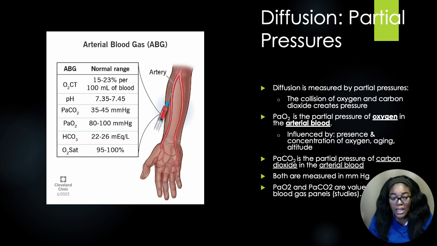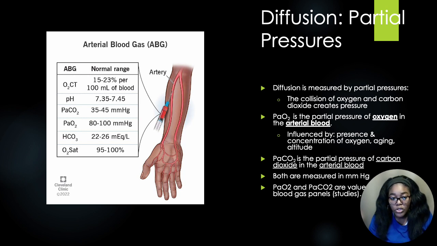You'll see a lot of these when we look at ABGs, but the one that we focus on a lot when we're talking about respiratory acidosis versus respiratory alkalosis is the partial pressure of carbon dioxide. We don't necessarily look at the partial pressure of oxygen as it relates to that, but we definitely look at the partial pressure of carbon dioxide. These are the values that we look at when we're looking for normalcy on our arterial blood gases.